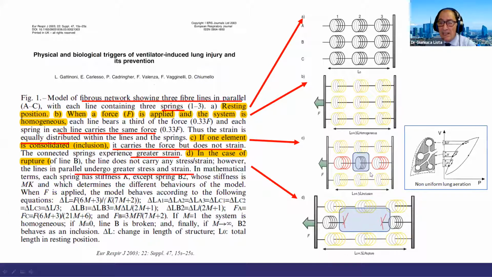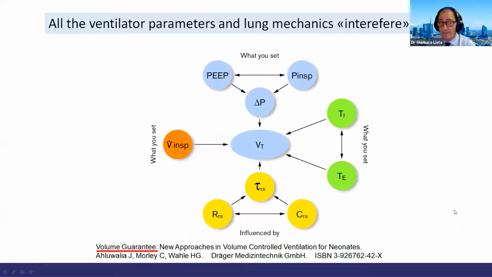If one element, like in panel C, is consolidated, there is a big problem because this line is unable to carry the force, but not the strain. So there is a great risk of lung rupture. This is very frequent in non-uniform lung aeration. This is what happens in many cases, both in pediatric patients and adult patients.